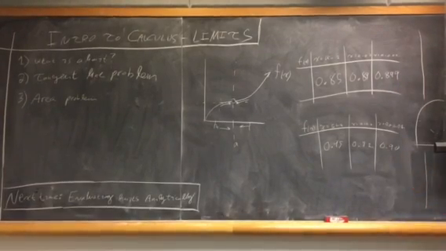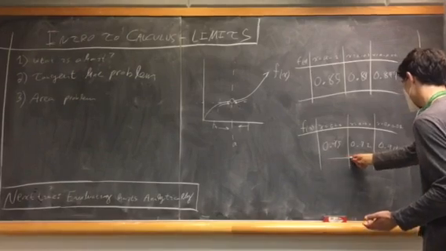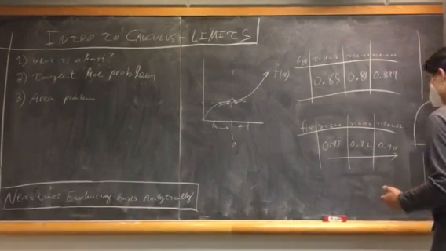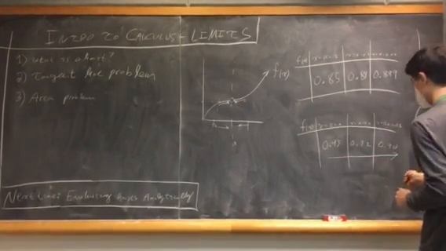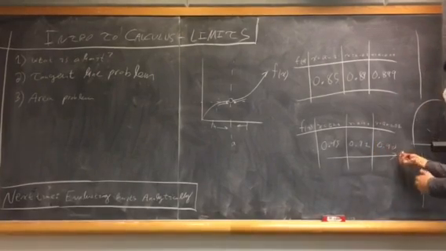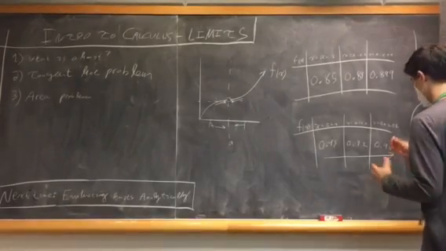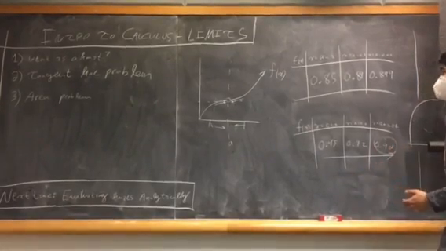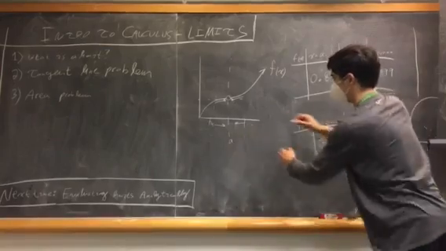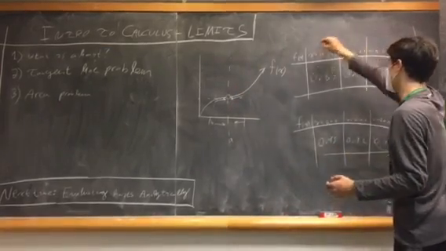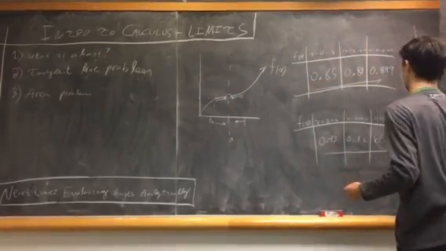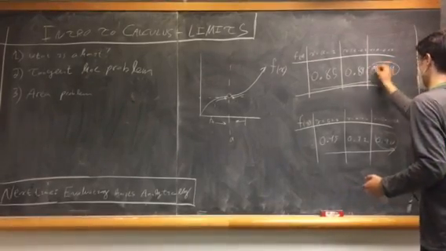0.90. We see that as we get closer and closer to a from the right side, our value seems to be approaching 0.90 or something close to 0.90. Here we look, and we're going from the left, and as we go this way, we see that our function is approaching 0.899.